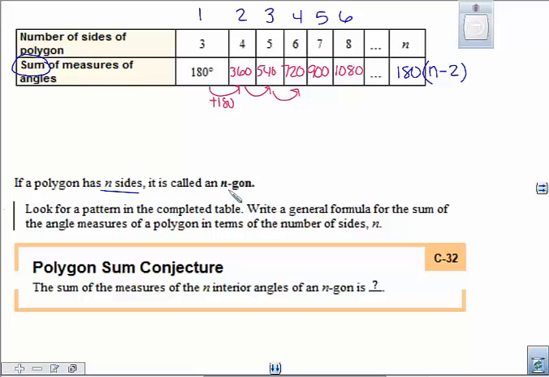This conjecture states that the sum of the measures of the interior angles of an n-gon is n minus 2 times 180. That's your formula. It doesn't matter if you write the 180 in front or behind as long as the n minus 2 is in parentheses so that you know to do that subtraction first.